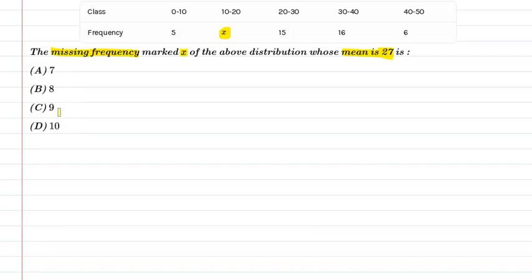So before moving to the question, I think we should know what is already given in the question, okay? So we will write it. As you can see, the frequency distribution table is already given, okay? And with the help of this table, you are going to find out the actual answer.